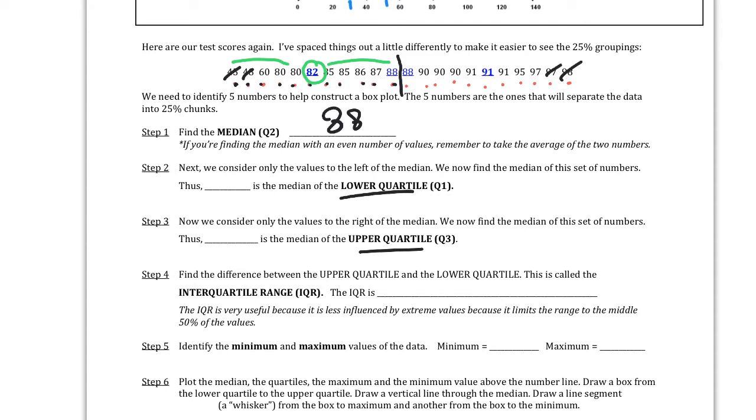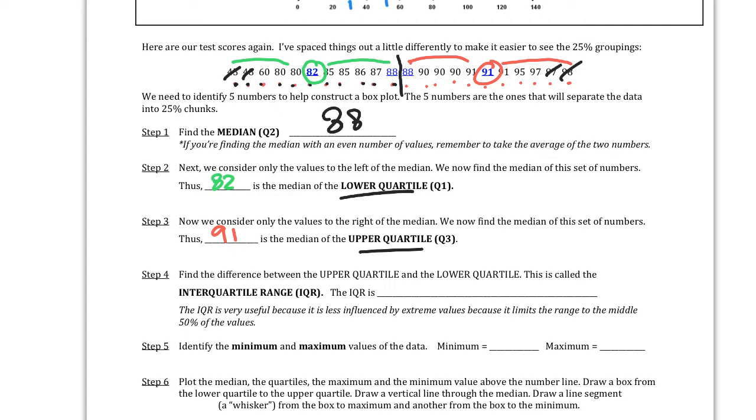So 82 is the median of the lower half. So that's what we call Q1, so 82. Then on the upper half, I do the same thing, 5 and 5 to get me halfway. So 91 is Q3. And those are my key numbers there.